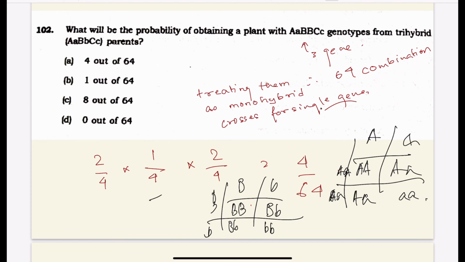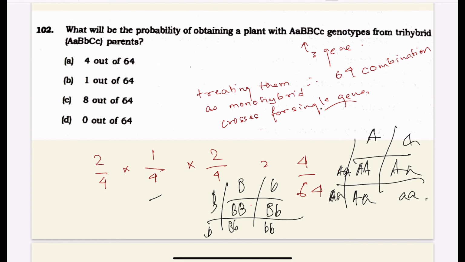So whatever it is, it will be out of 64. But how to calculate how many? We will treat each of the genes as monohybrid, and see what is the probability of getting the plant with heterozygous capital A, small a from a trihybrid.